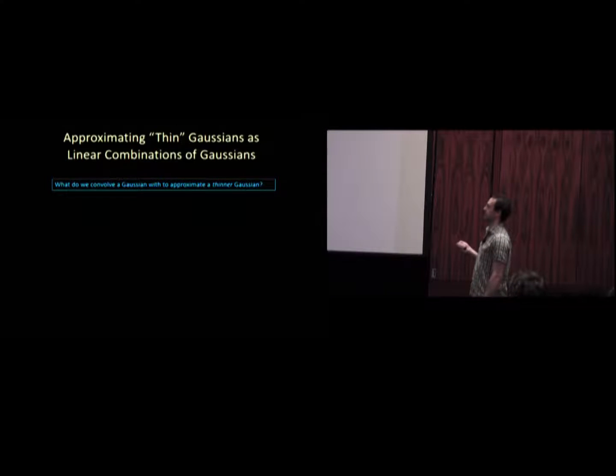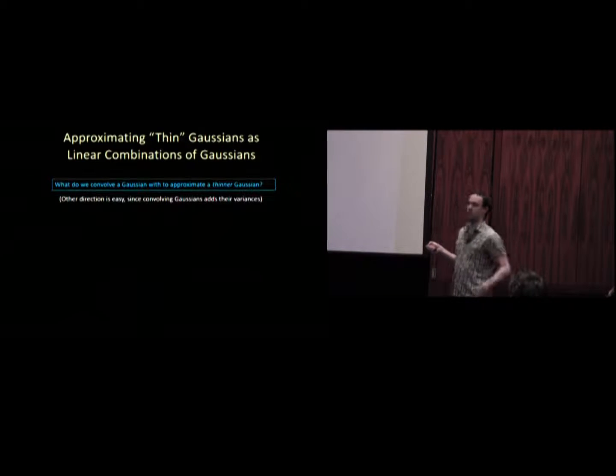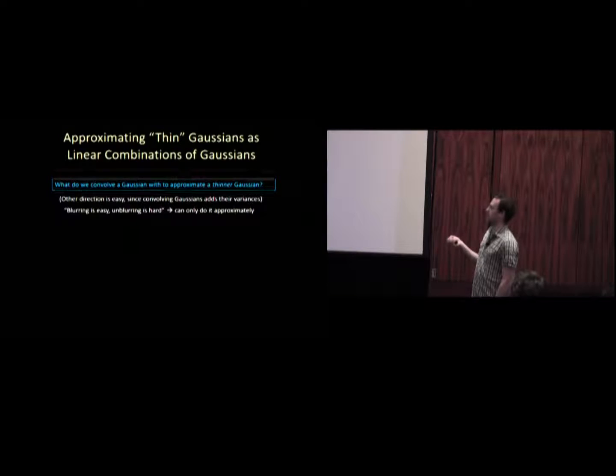How do you take some fat Gaussians to very well approximate a thinner Gaussian? The other direction is easy. Starting with thin Gaussians, making them fatter is easy. You can always just convolve a bump with a bump and get a fatter bump. Blurring is easy, unblurring is hard. And this is essentially the moral of this whole project: we're trying to get higher resolution, we're trying to unblur some annoyingly blurred data.